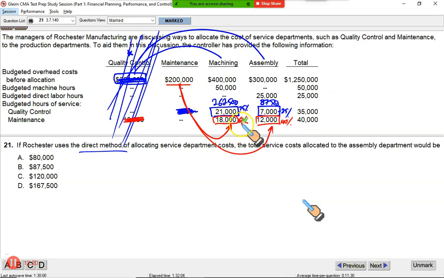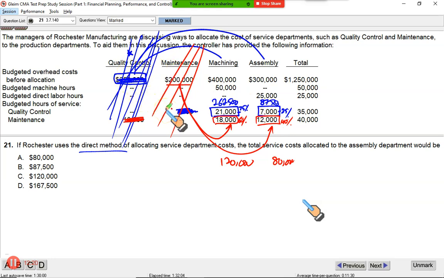If you convert 60% of 200,000, it's going to be 120,000. 40% will be 80,000. See, finish. Maintenance cost is gone. This is called direct method. Under the direct method, quality control cost is split between machining and assembly. Maintenance cost is split between machining and assembly. And we totally ignored that the quality and maintenance, they serve each other also.